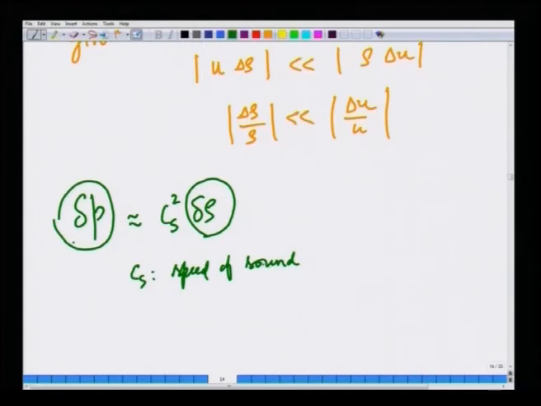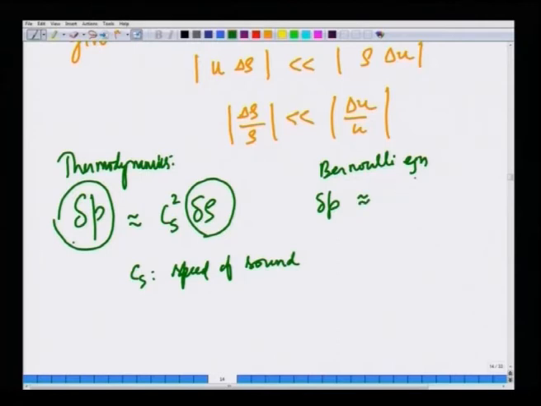Okay. Now, from the Bernoulli equation, from the Bernoulli equation, the magnitude of delta P is approximately rho v del v. So, delta P is approximately rho d of v squared, this is rho v del v.